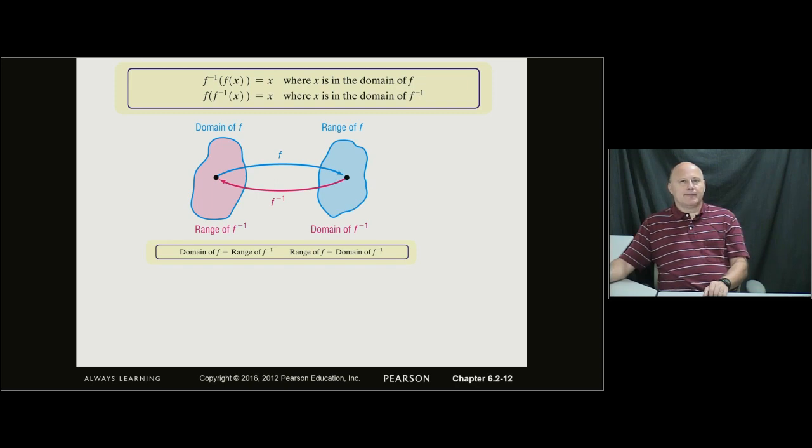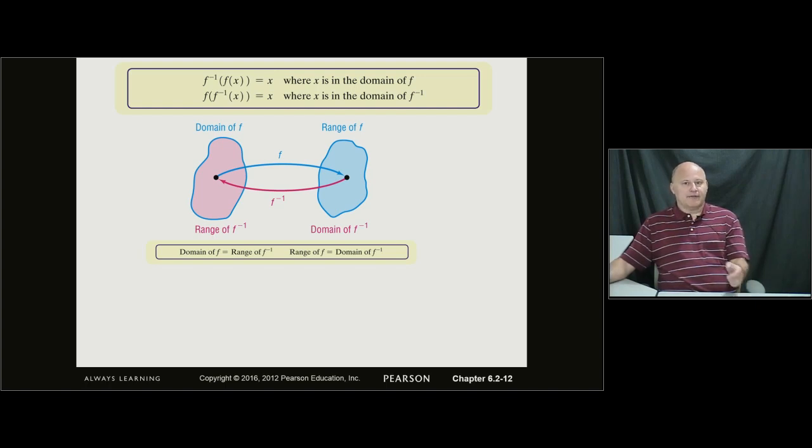And when I said this a while ago, the domain of f is the same as the range of the inverse function. And the range of the function is the same thing as the domain of the inverse. So sometimes they try to trick you. They will ask you what the range is on one function, but they don't give you what that function is. They give you the other one.